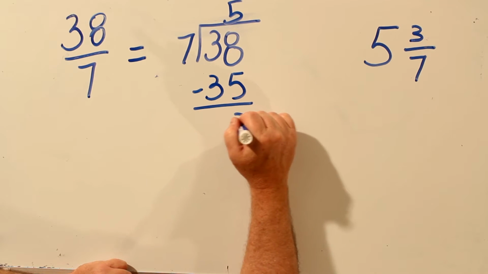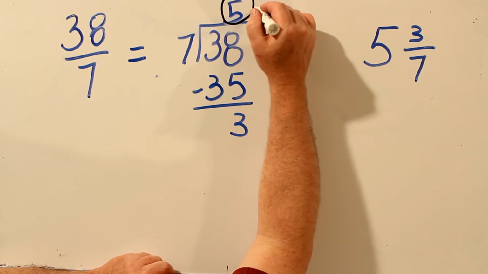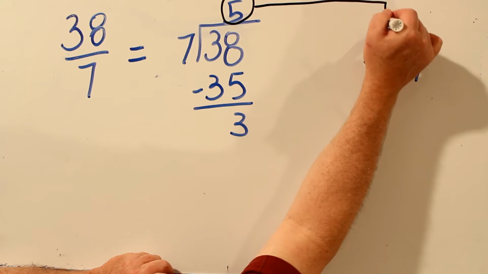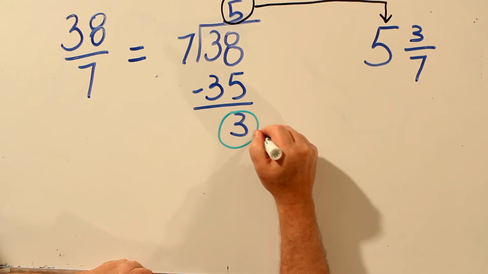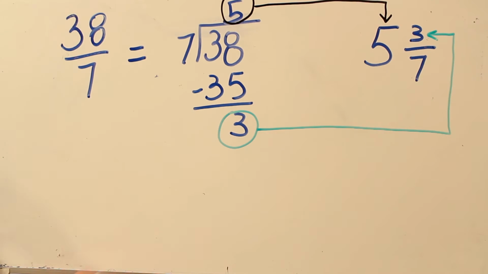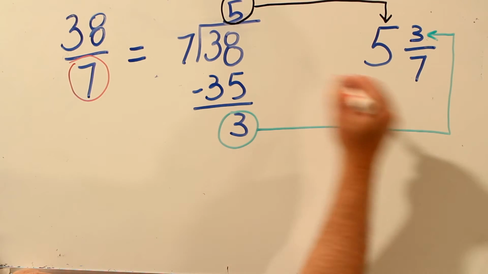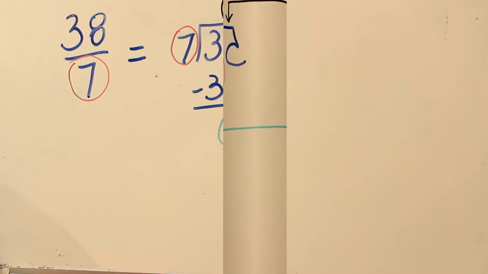And when we subtract, we get a remainder of 3. 5 becomes the whole number. The remainder, 3, becomes the top number of the fraction. And we keep 7 as the bottom number, which is the same as our divisor.